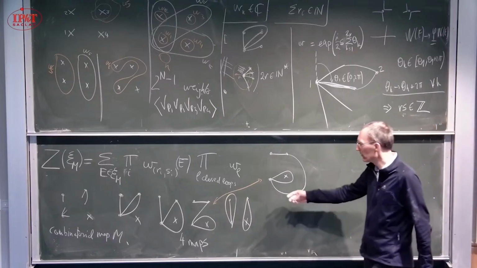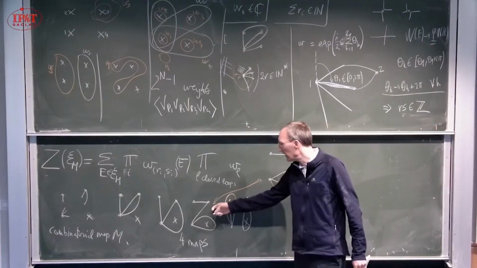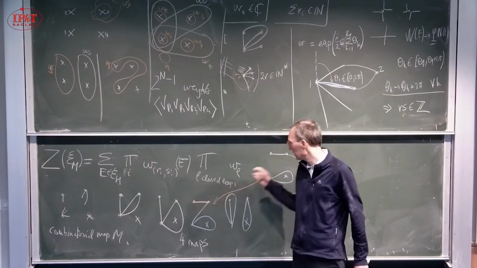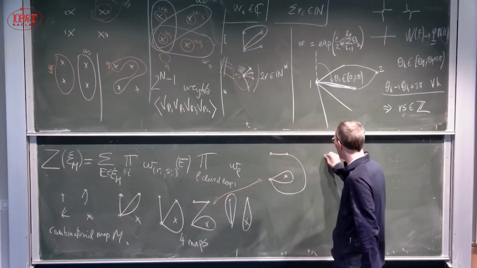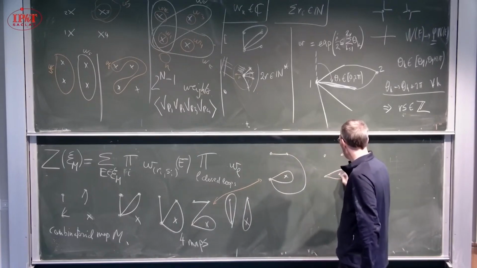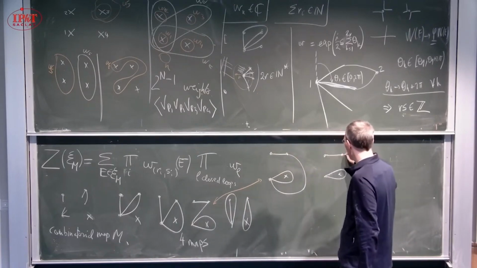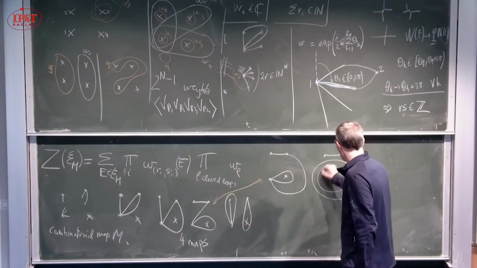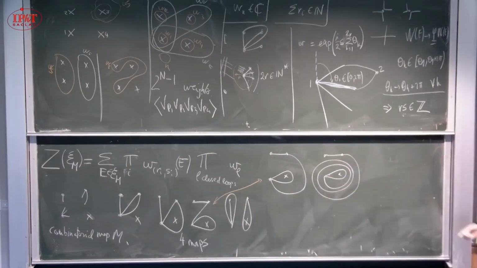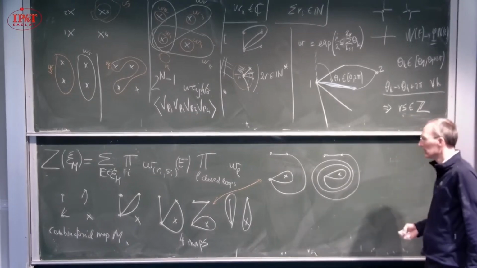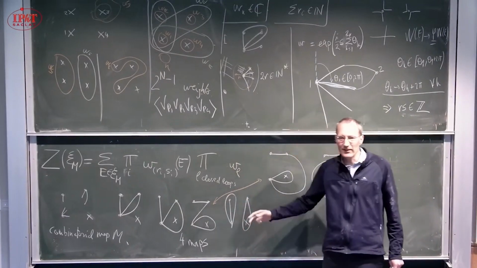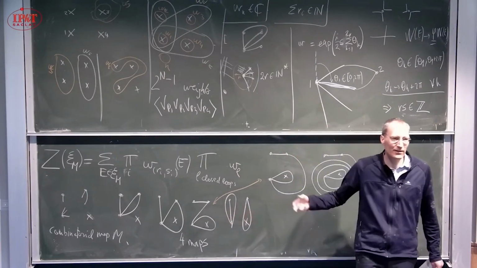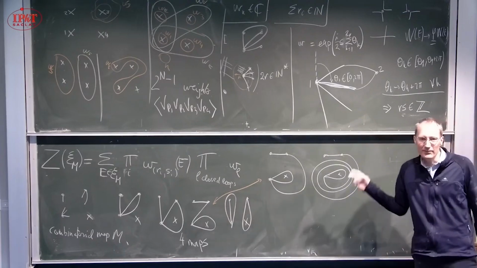If I don't identify them, I can draw infinitely many, because I could go around it infinitely many times. But with the combinatorial definition, the number of combinatorial maps is finite, and there are papers about counting them.